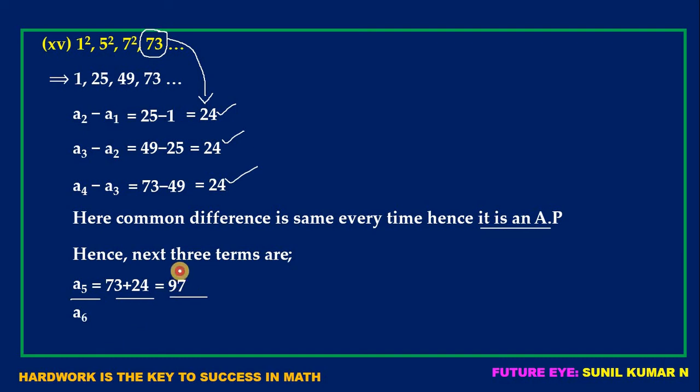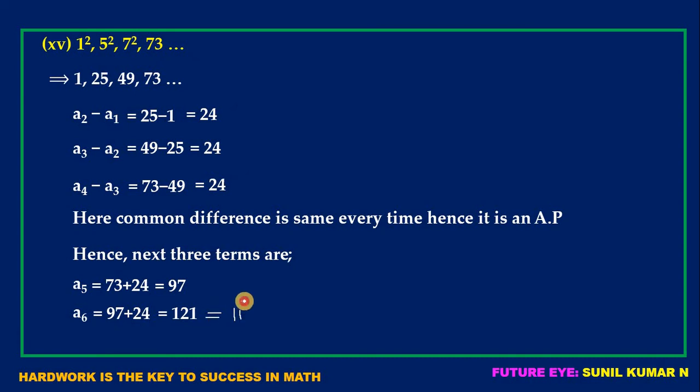To get A6, this 97 add to common difference 24, we get 121. And 121 you can write as 11 square also, children. Next A7. So 121 add to 24, we get 145. Now these are the required terms.